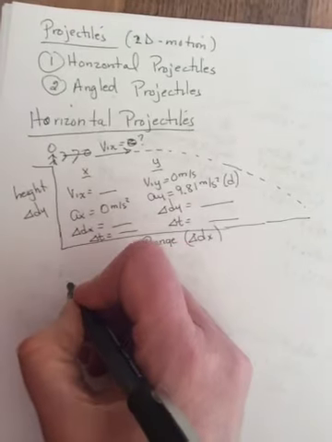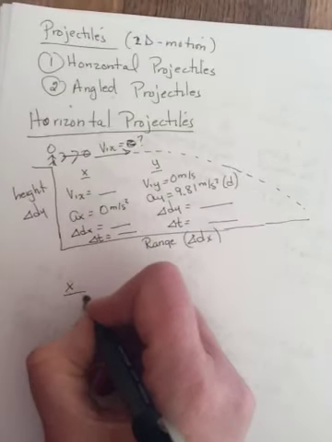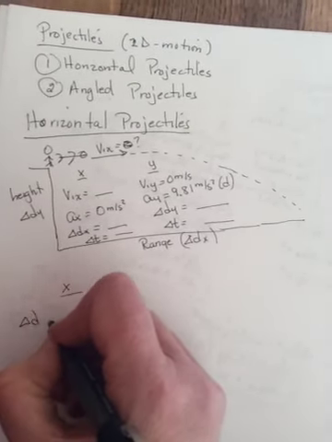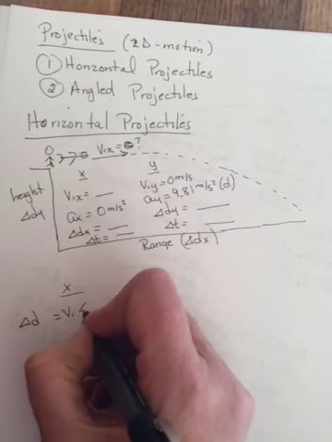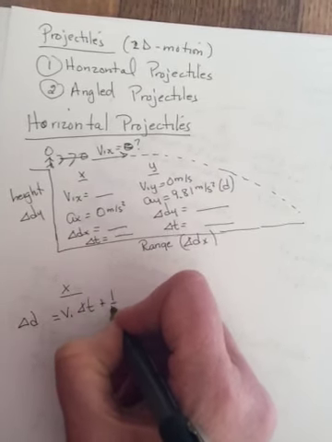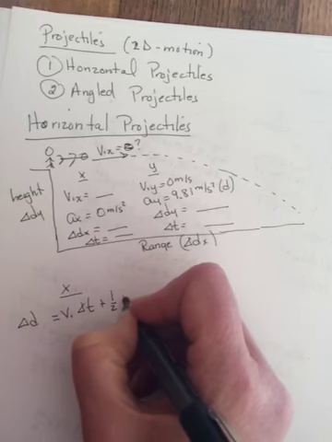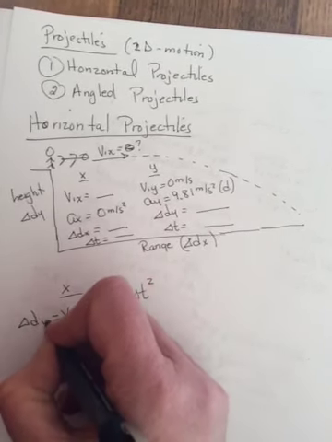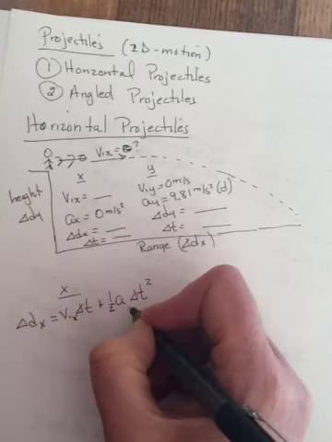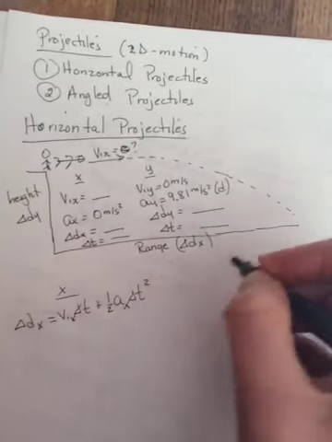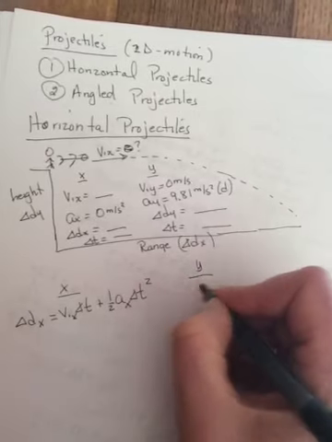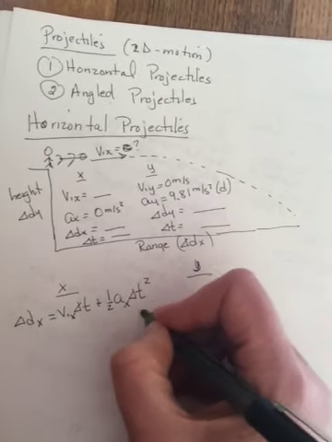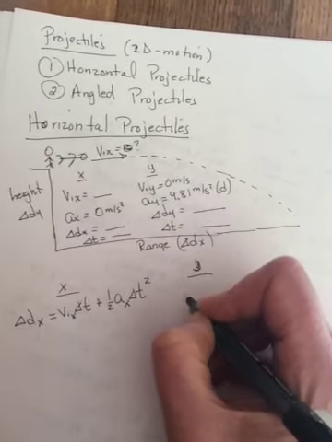So our equations then for x are, we're going to have our delta d equation, our wonderful, well-loved, well-used Vi delta t plus 1/2 a delta t squared. And in the x direction, it'll be delta dx, Vix, and Ax. Now, the second term here is going to go to 0 because there's no Ax, but we'll write it down and then cross it out.